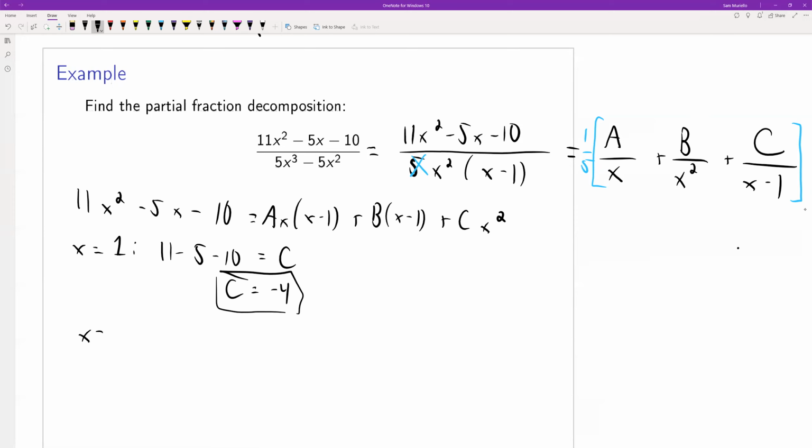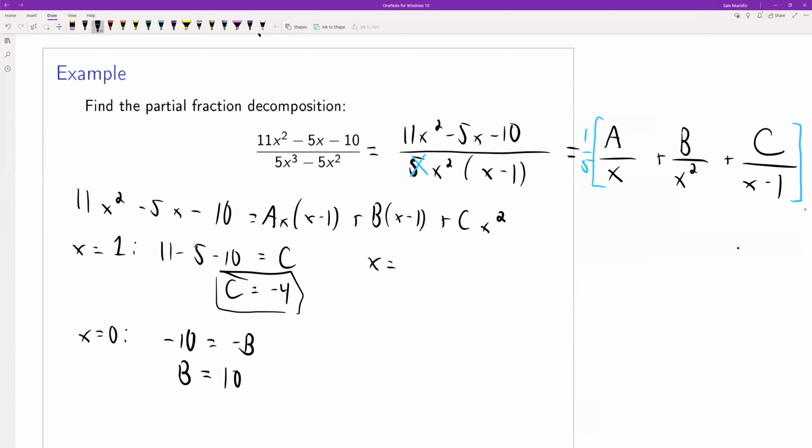Next, we'll plug in x equals 0. This time, a and c will cancel, and we're left with negative 10 is equal to negative b, or b is equal to 10. Now that we've solved for 2 of the variables, we can solve for a just by plugging in any old number and what we know about b and c to get the final answer.